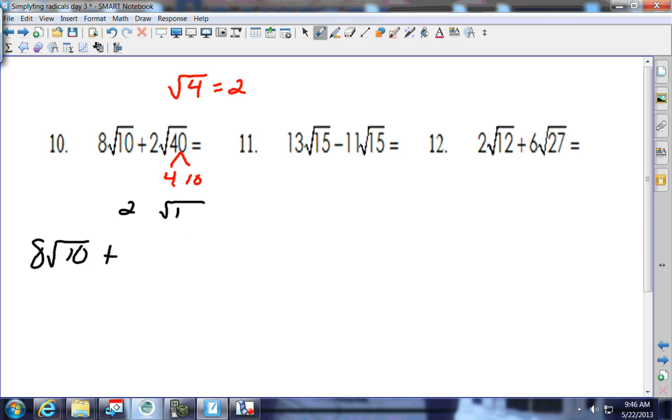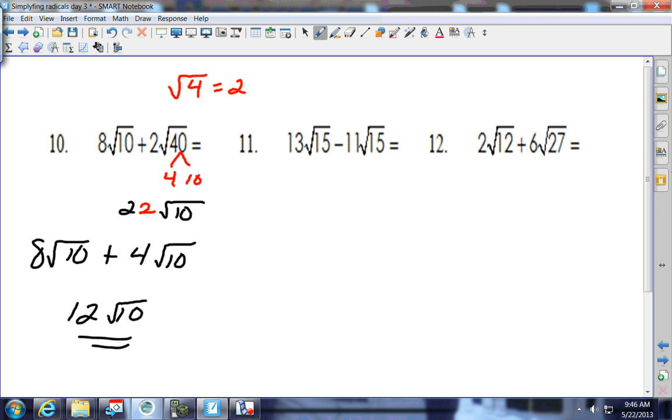Well, the 10 stays inside there. The 2 comes out here. So 2 times 2 is 4 square root of 10. I have 8 and 4, which is 12 square root of 10. That's your answer.